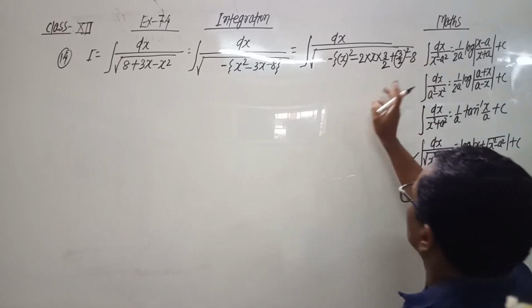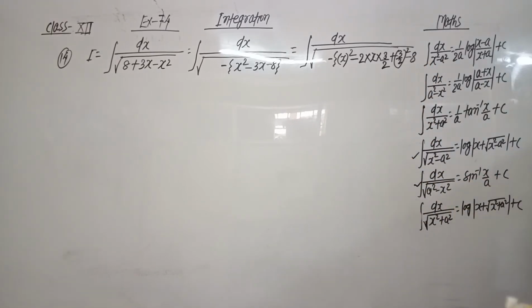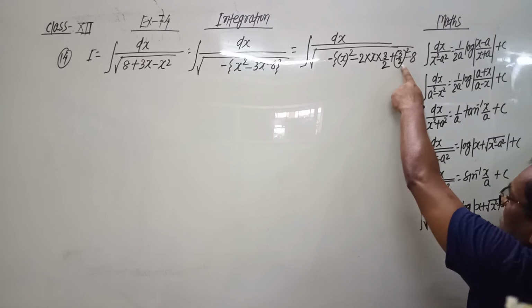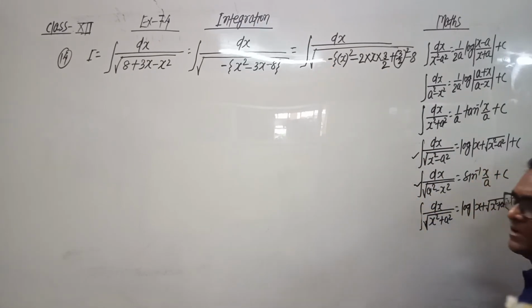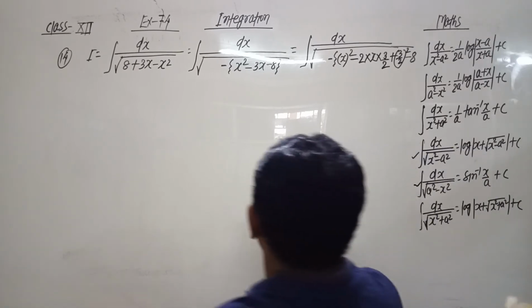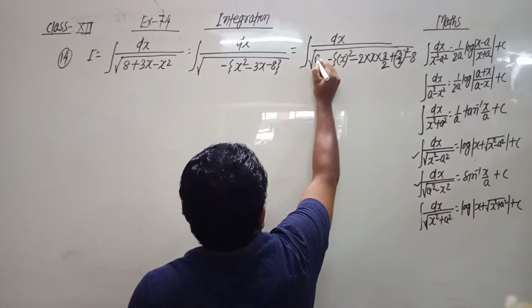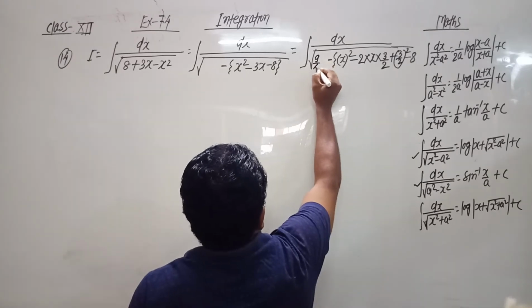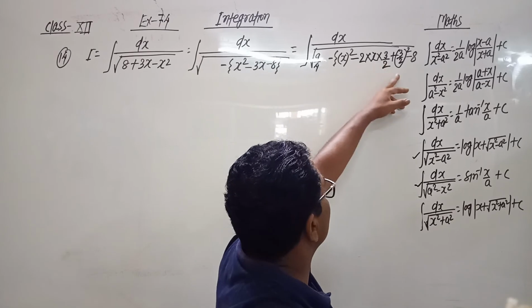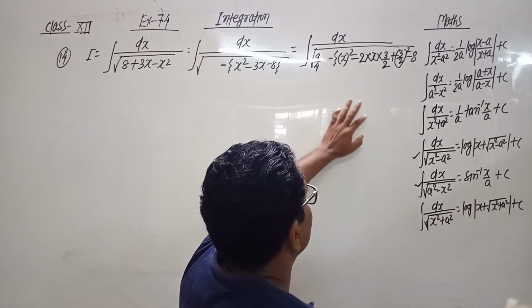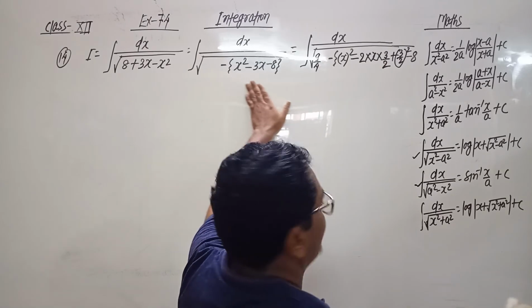What extra term have we taken? We have taken the extra term 9 by 4 with negative sign, means minus 9 by 4. So in the beginning we will have to add plus 9 by 4. So plus 9 by 4 and minus 9 by 4 get cancelled and we get this expression.